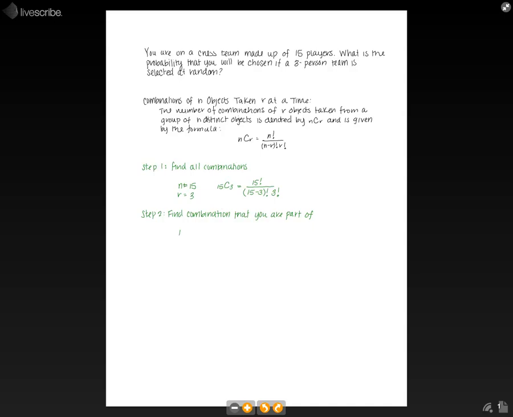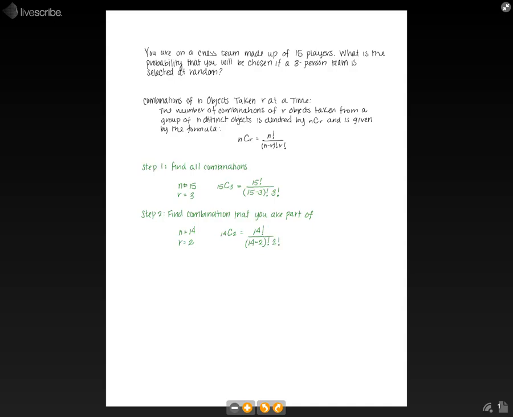So now our total number is actually 14 and we only need to choose 2 more people, so our r is going to be 2. So for that we have 14 choose 2, which is equal to 14 factorial over 14 minus 2 factorial times 2 factorial.